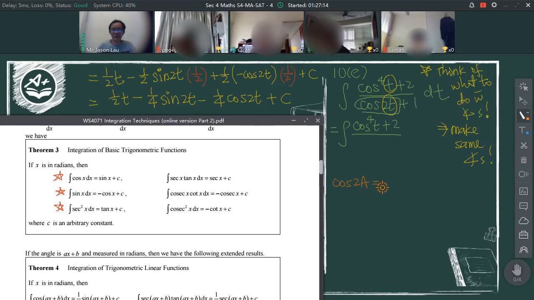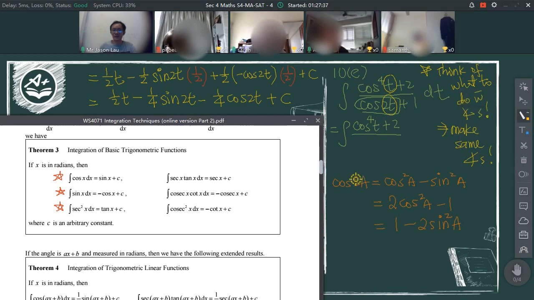There are a few formulas, right? This one, this one, the one that you just saw, the 1 minus 2 sine square a. So in this formula of cosine 2a, which formula should we use?